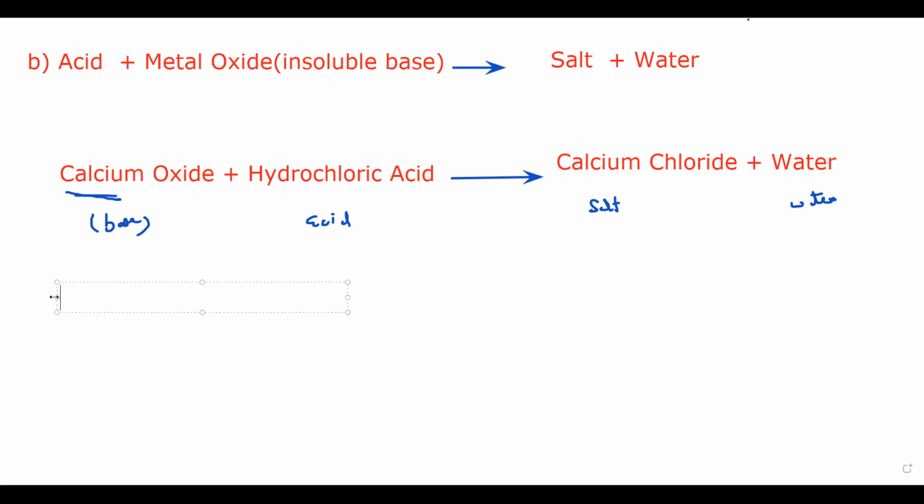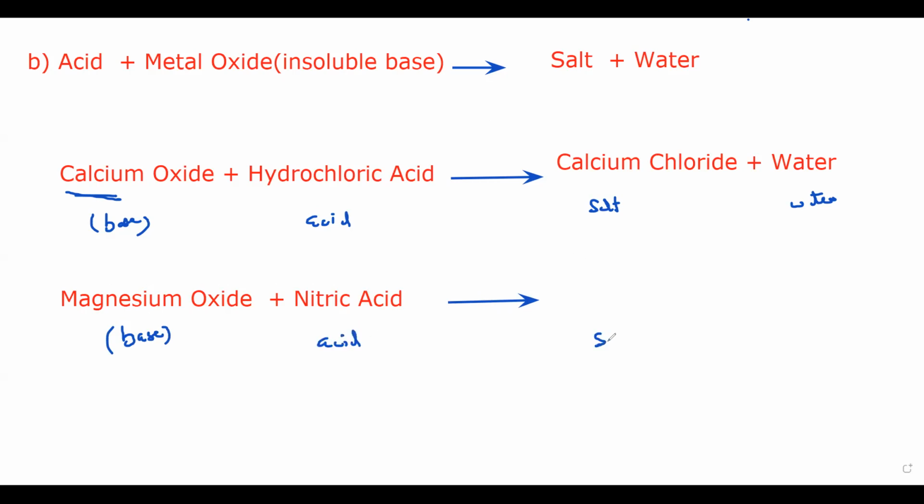Another example, if we have magnesium oxide plus nitric acid. So there is magnesium oxide mixed with nitric acid. What will be the result? Magnesium oxide, metal oxide is also called a base. And nitric acid, which is an acid.